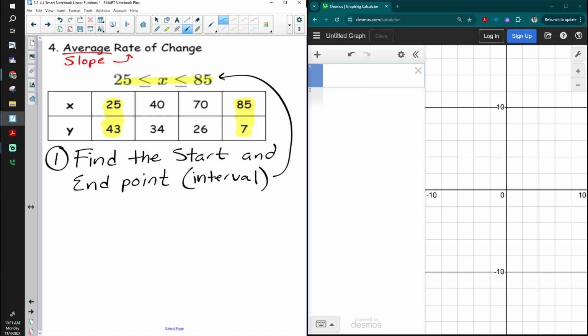Now it's exactly the same as the table we did before. We're just going to make sure we use the right points, the ones we highlighted. So, add a table and enter your points.